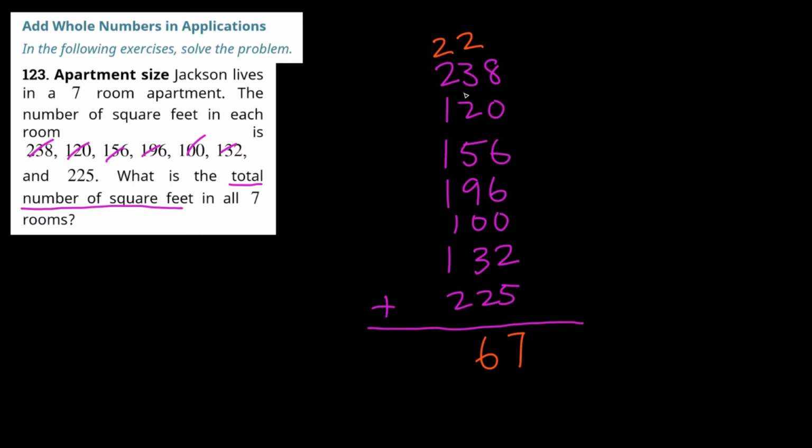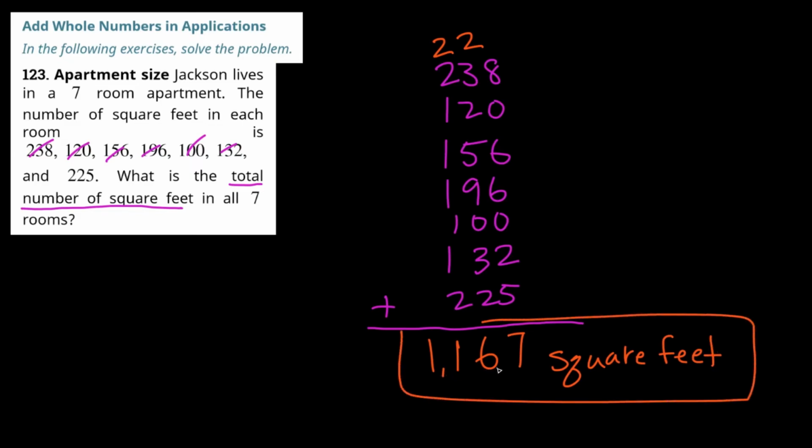And carry the 2. 2 plus 2 is 4, plus 1 is 5, 6, 7, 8, 9, plus 2 is 11. So we have the number 1,167, but we need to put the units in this problem, and the units are square feet. So our final answer is 1,167 square feet.